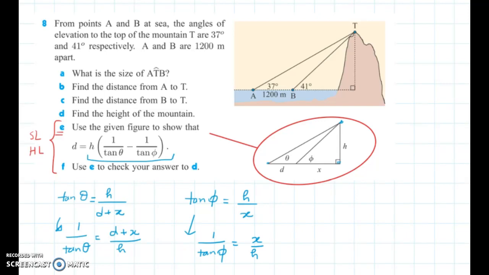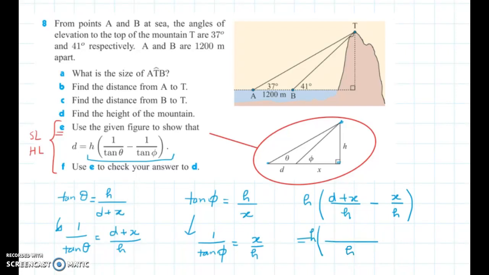So now, in our expression, we have h, and then we have 1 divided by tangent of theta, but we know that this is d plus x in the numerator over h in the denominator, minus 1 over tangent of phi, and we found that this is x over h. So we already have a common denominator inside the bracket.